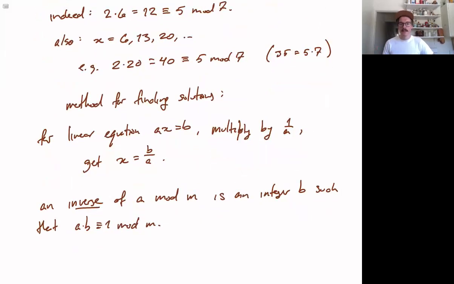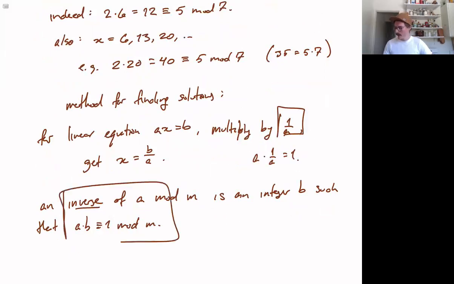So this is, as you can see, very similar to what we mean by an inverse in general, right? The point of this being the inverse of a is that if you multiply them, you get 1. So we're saying the same thing in our modular arithmetic scenario. An inverse is something that when you multiply them, you get 1.